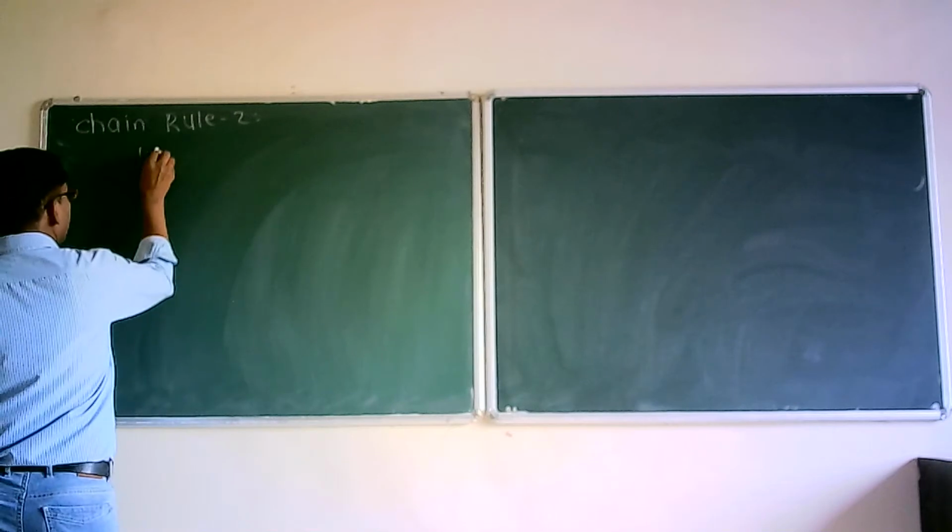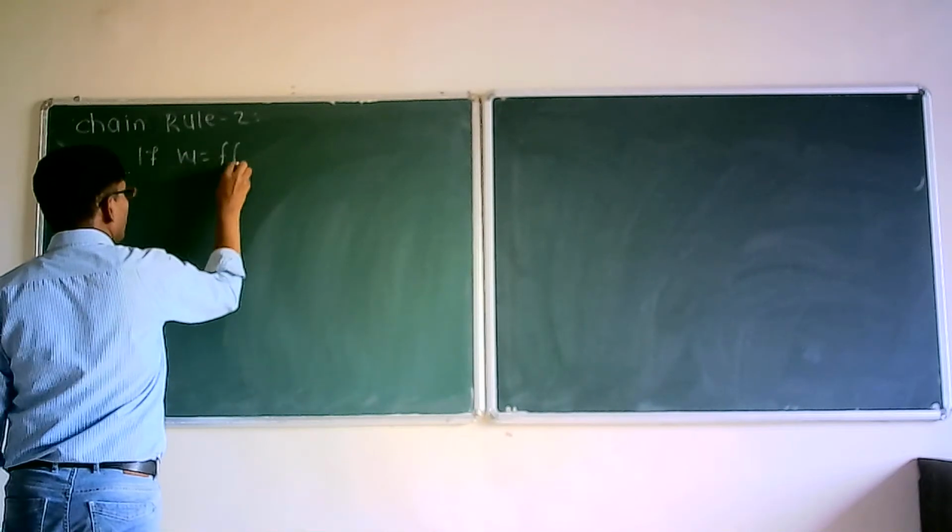Suppose the statement is: w is equal to f of u, v.